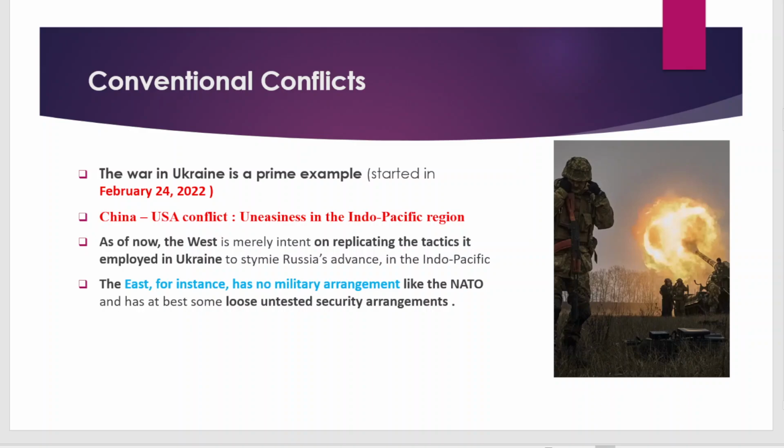But this will not give a result because there is no military arrangement like the NATO we have seen in the Western countries, and they have loose, untested security arrangements. So the organizations which the US is forming with like-minded countries lack security strength. So that's the point which has been highlighted.